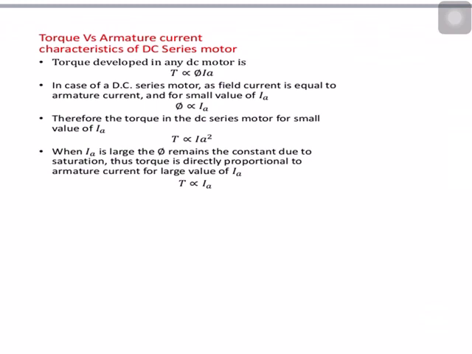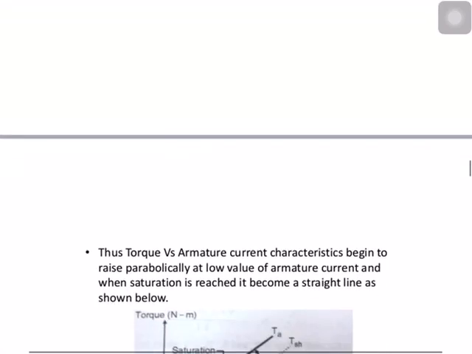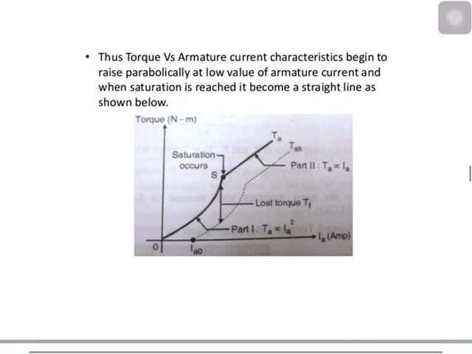Hence, before magnetic saturation, T is directly proportional to Ia squared. Therefore, the torque versus armature current curve is a parabola for smaller values of Ia. Here you can see the torque versus armature current characteristics.